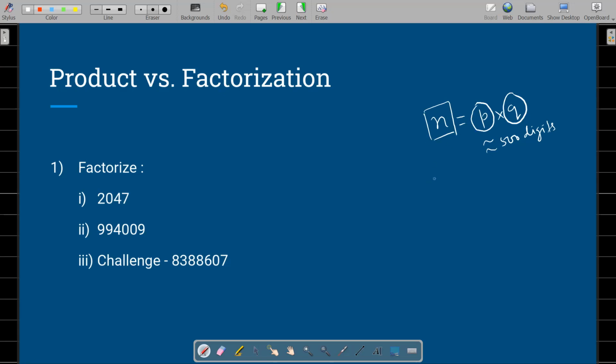That's the idea. So taking products is easy, factorization is difficult. Sir, so the message is in p and q? No. The decoding or decrypting function D depends on p and q.